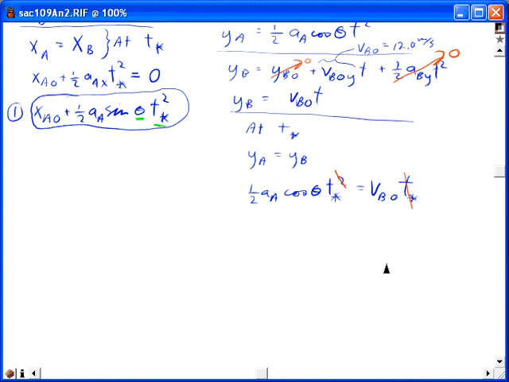The VB0 is given over here. The only things we don't know are t star and theta. So two equations, two unknowns. I just have to combine those two equations and solve for the unknowns. So I'm going to solve this one for t star.